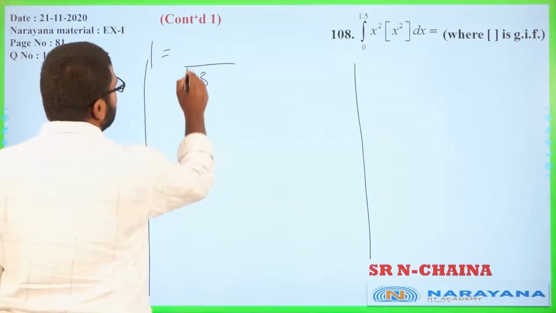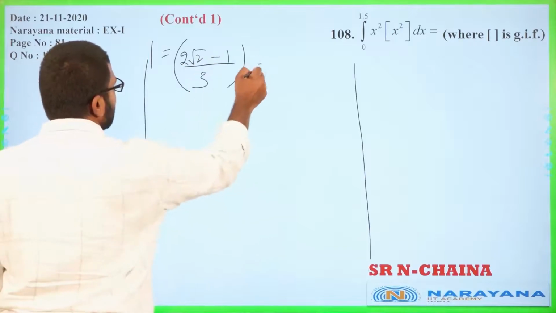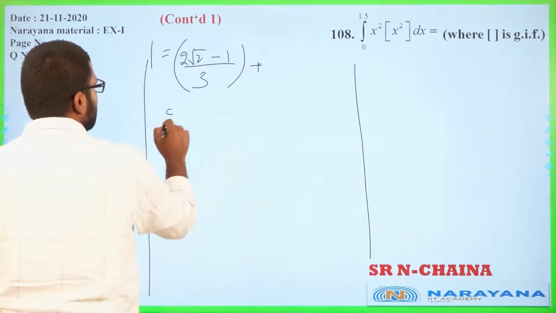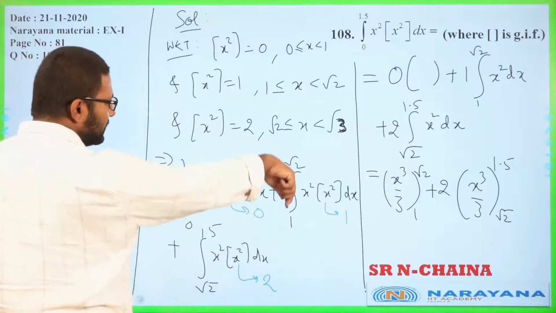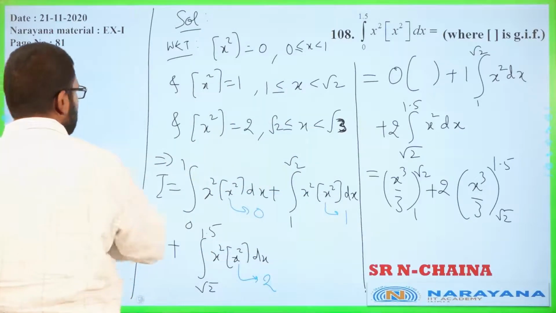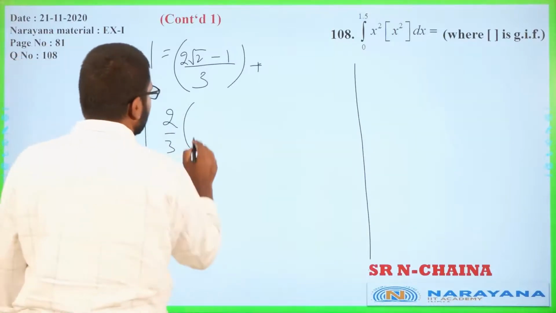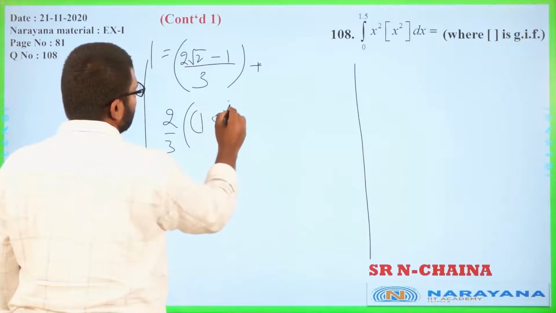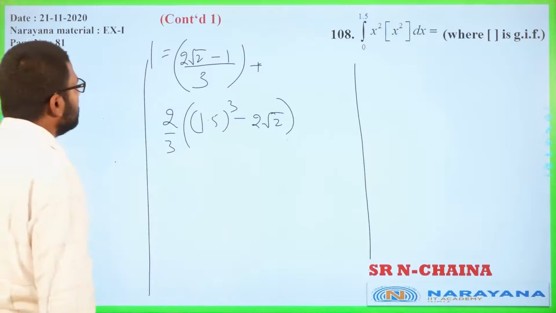So one third of root 2 cube is 2 root 2 minus 1, plus 2 by 3 into x cube from root 2 to 1.5. So 1.5 cube minus 2 root 2. Okay, that will be your answer.